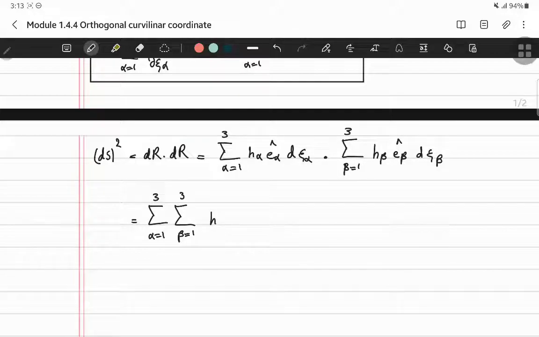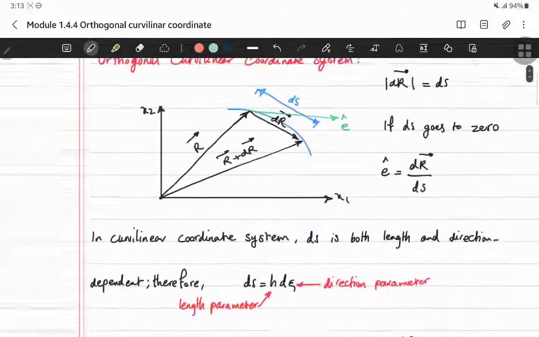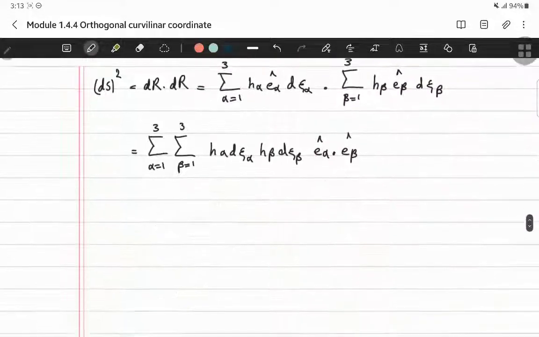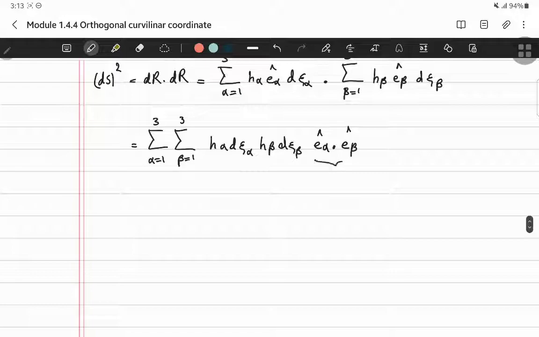So I will have H alpha, dZ alpha, H beta, dZ beta, and I have e_alpha dot e_beta. And since we are talking about an orthogonal, remember this keyword, orthogonal coordinate system, we have this as delta alpha beta.